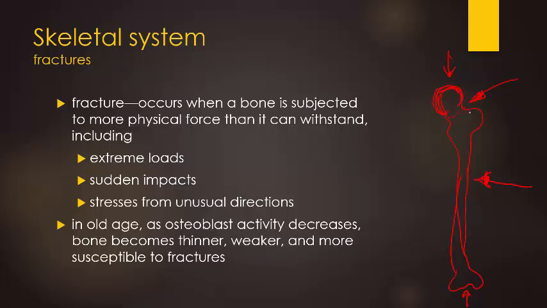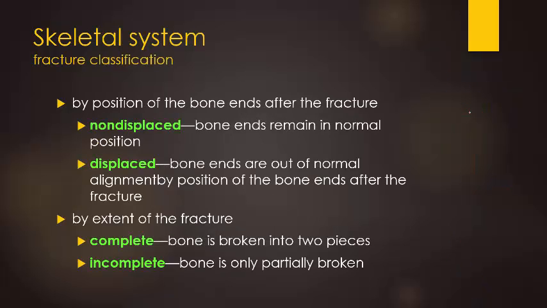Okay, so we could talk about different kinds of fractures by a lot of different characteristics. Let's take a look at this. If a fracture is non-displaced, that means the bone ends remain in their normal position. So if this was the bone here, and here's the break, but the bone ends are in pretty normal location, then that is a non-displaced fracture.